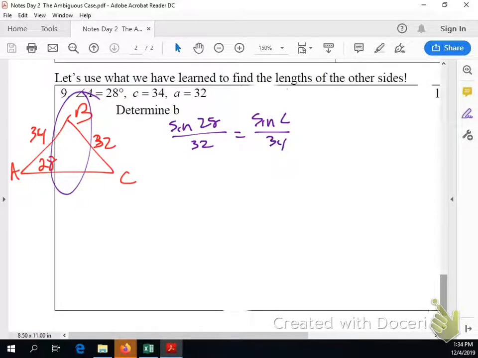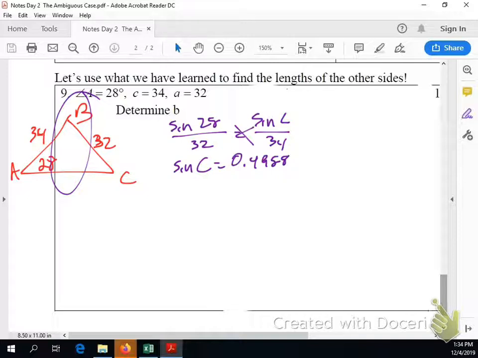So we set up our law of sines, cross multiply, and let's see, what are we going to get?